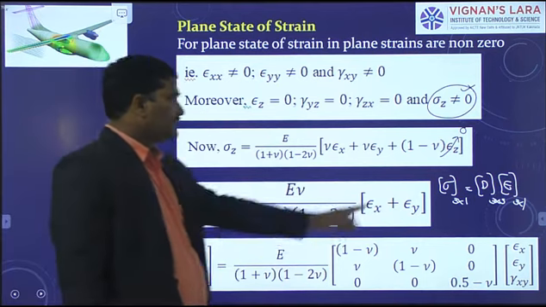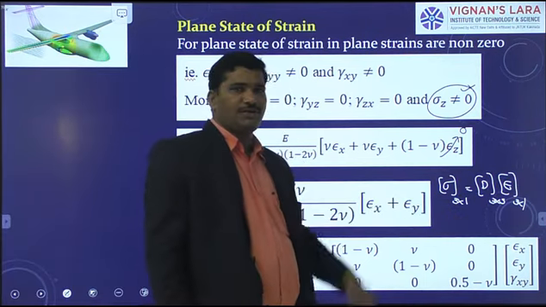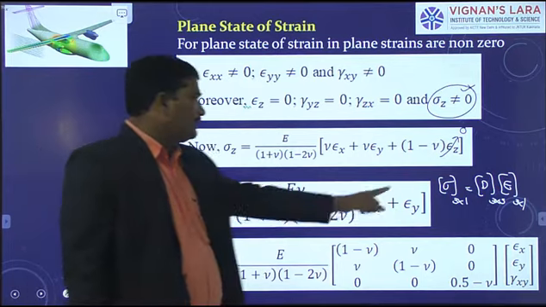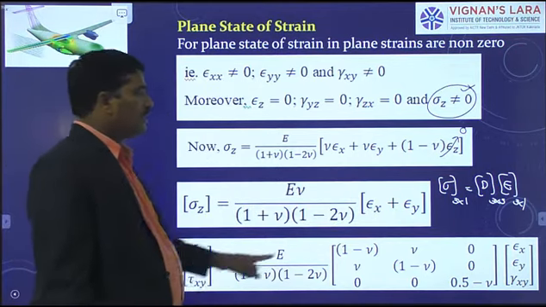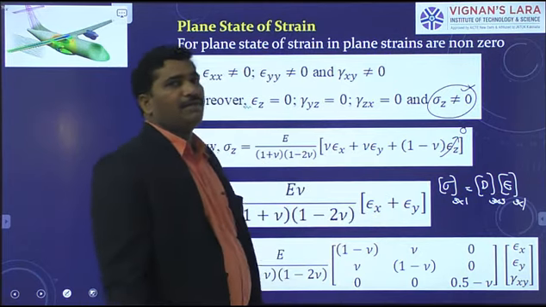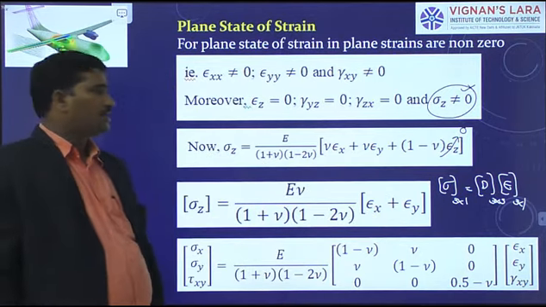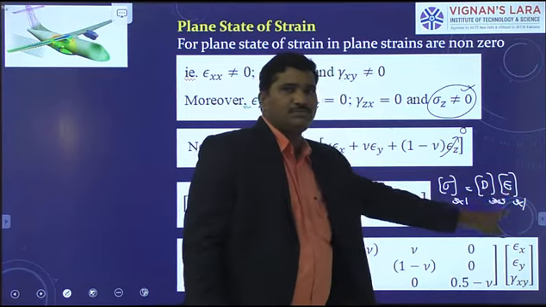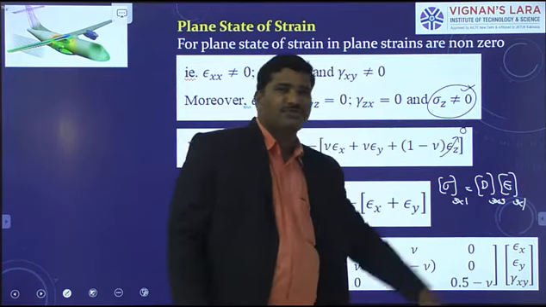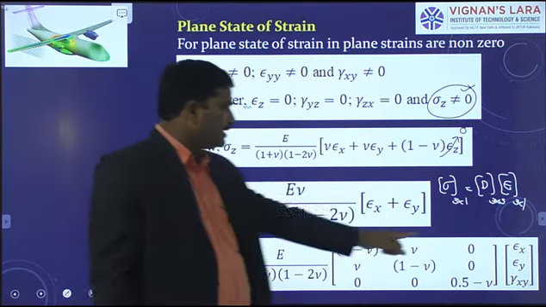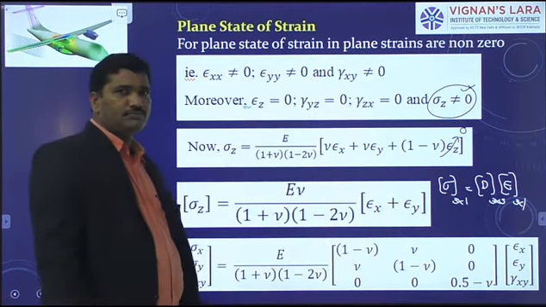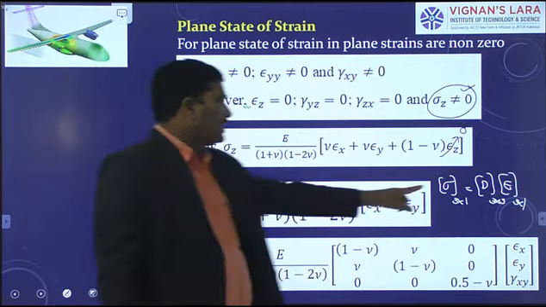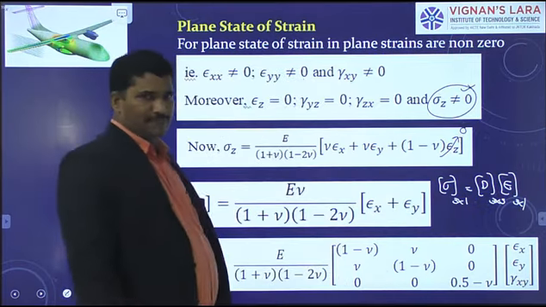This is a column matrix of size 3 by 1. What are the elements of it? Sigma x, sigma y, tau xy. And matrix D is the material matrix. And matrix epsilon is a column matrix of size 3 by 1. What are its elements? Epsilon x, epsilon y, gamma xy.